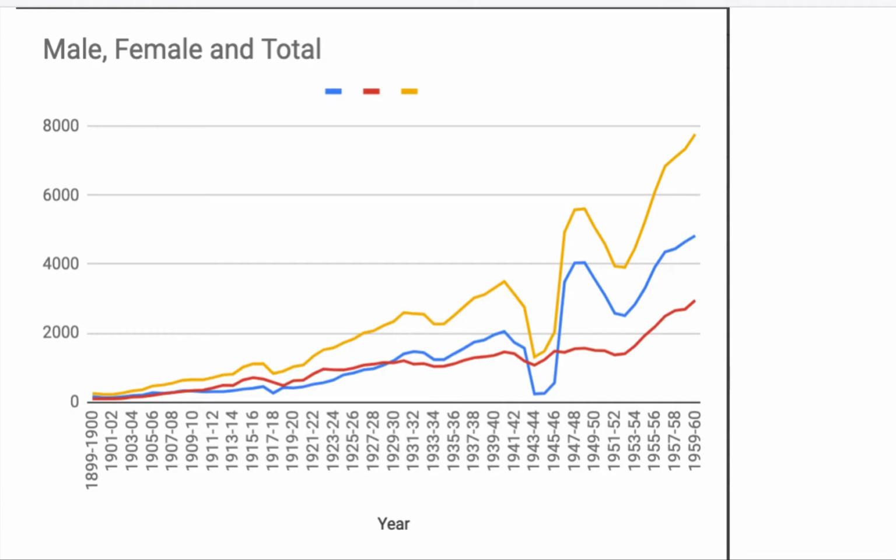But then it goes up just as drastically for males after World War II, when the GI Bill went into effect. Then you see another dip, well, it's kind of a big dip, really, in the early 50s, and maybe that has something to do with the Korean War. And then you start to see the numbers going up again.